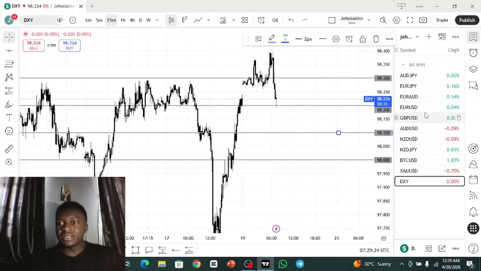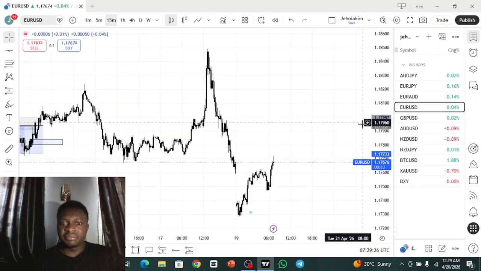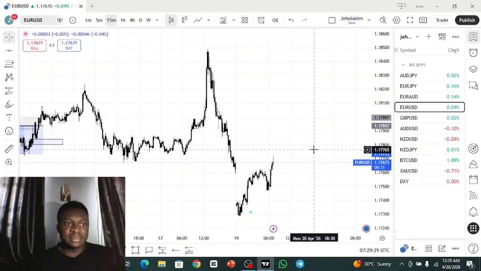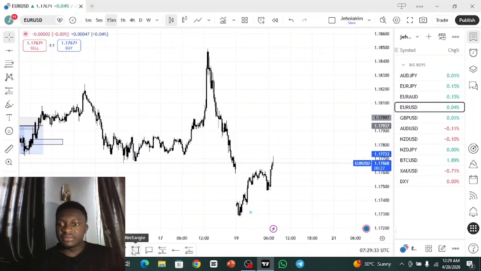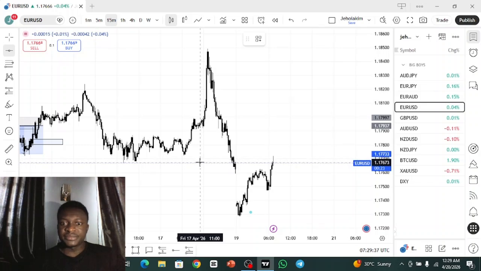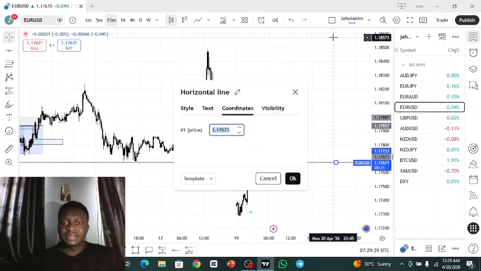So when you're looking at taking your trade on Euro USD, you know there is a tendency that the market may also reverse at this point. So if you are going to take psychological levels on the Euro USD, let's check what level is going to give us.